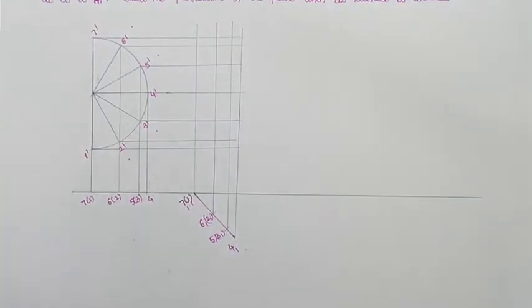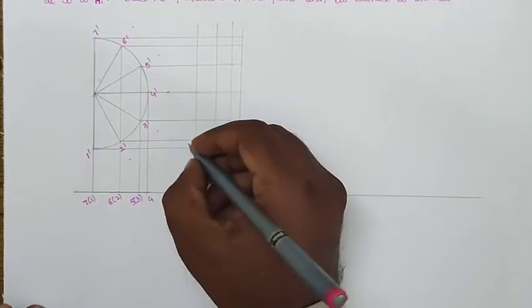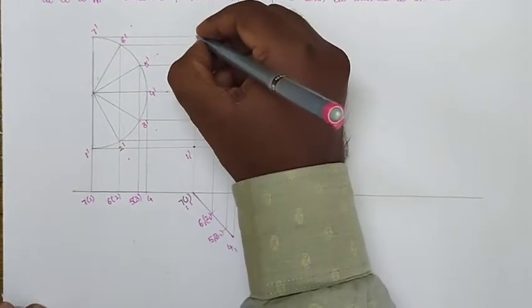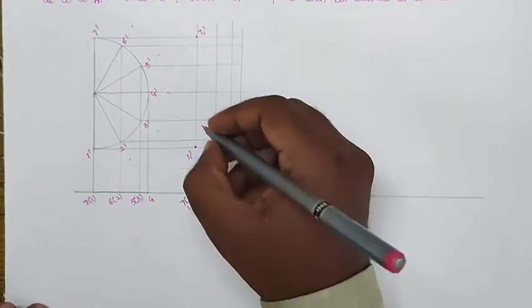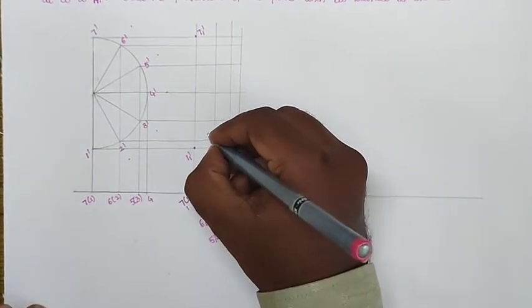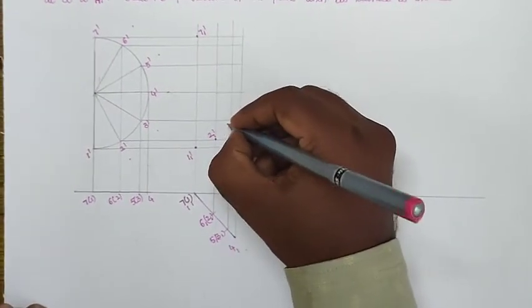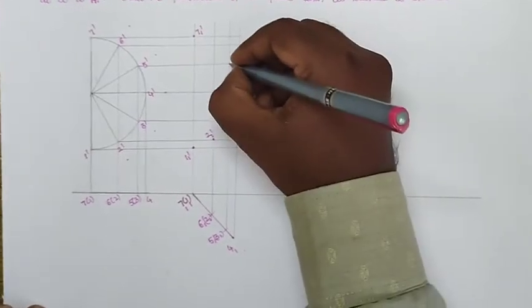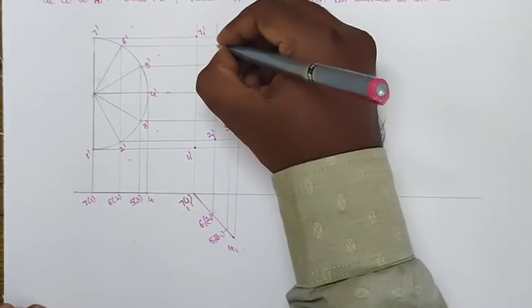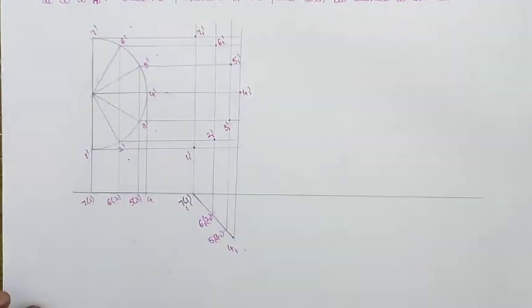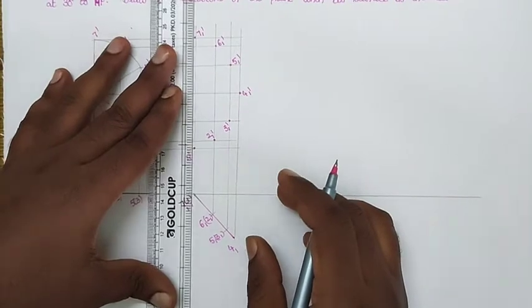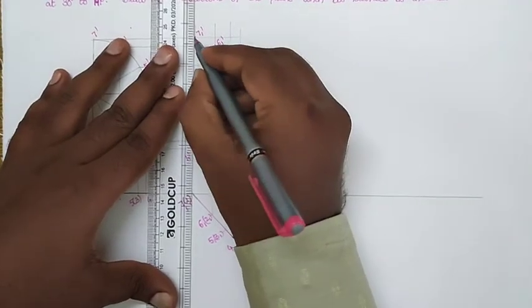Locating the corresponding intersecting points here, 71, 11, here we get 11 dash, here we get 71 dash, 21 dash, 31 dash, 41 dash, 51 dash, and this is 61 dash.